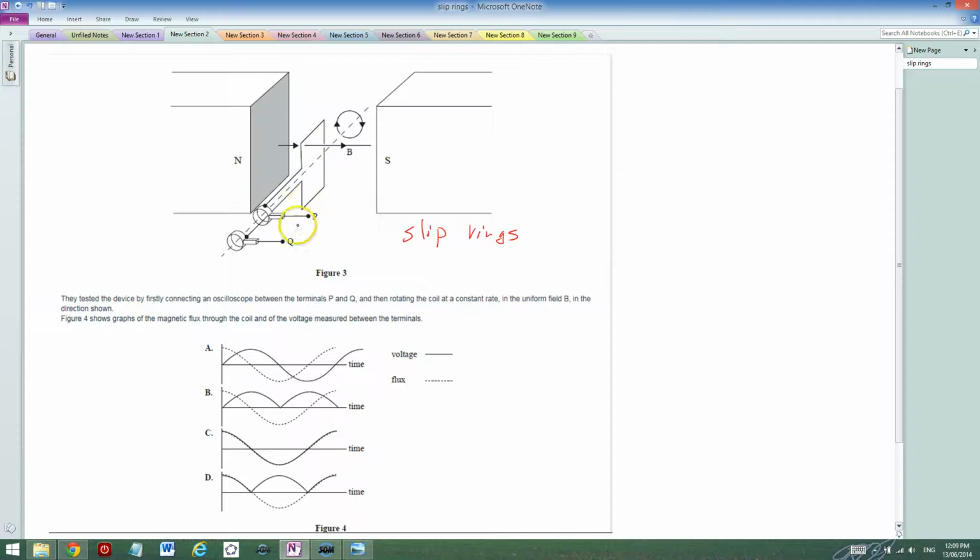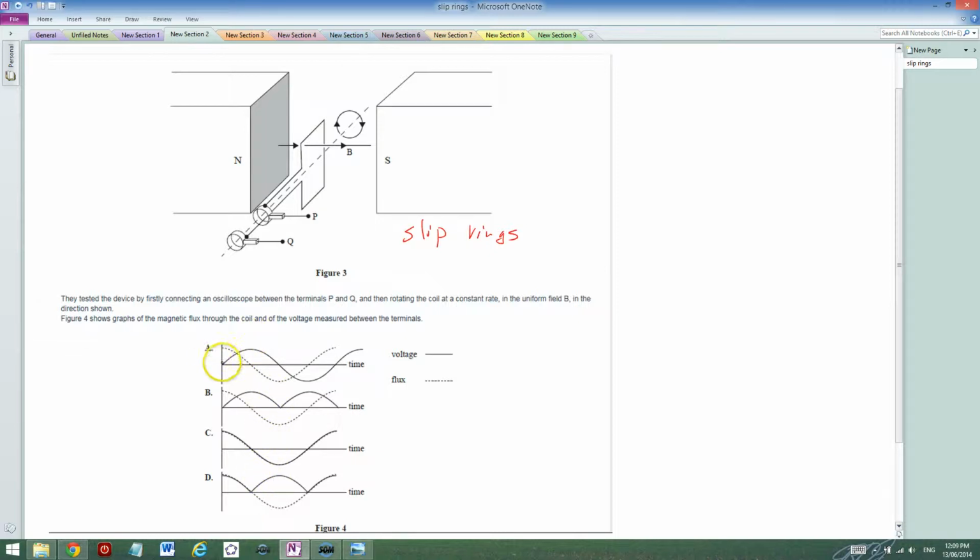DC would be commutators. So, figure 4, the question asks me which one is right, which one is the voltage, which one is the flux. Have a brief look at those.